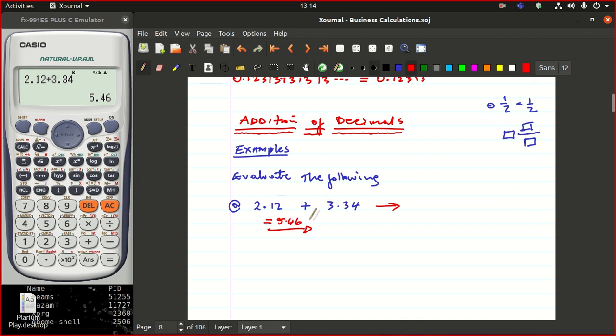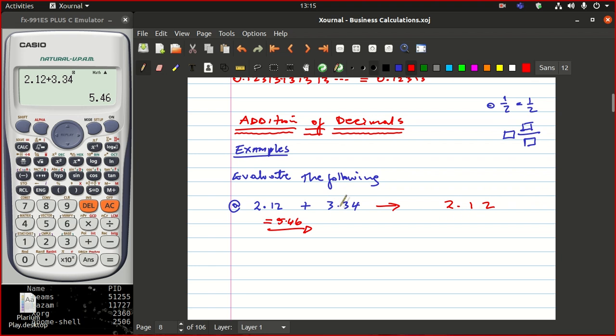Use your calculator. But if you are answering a long answer question, what I'm expecting from you is this. First, write this as it is. So you say that I have 2.12, and then after that you write this whole thing underneath.